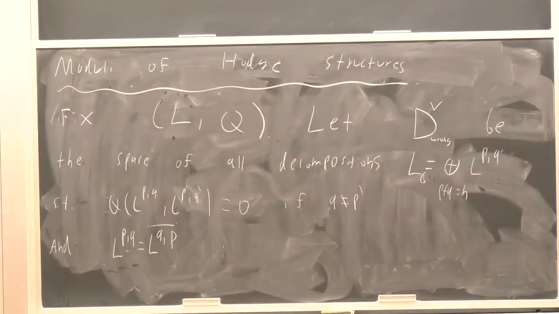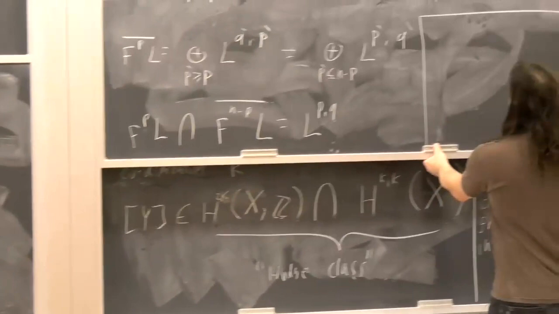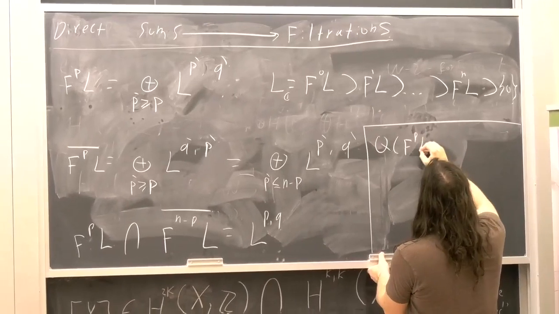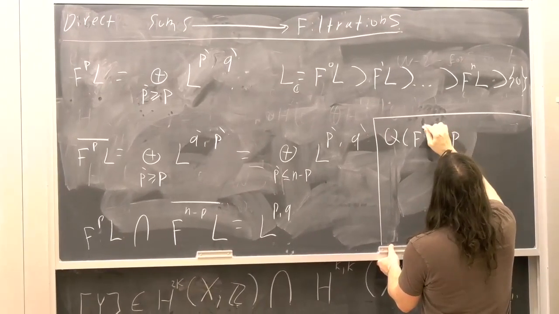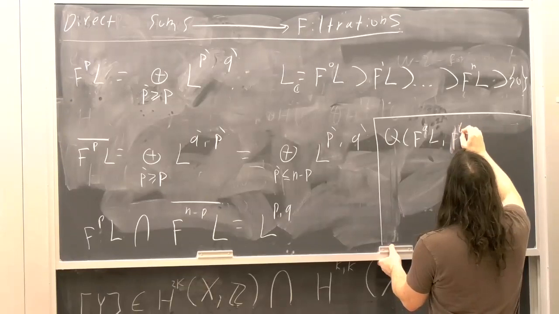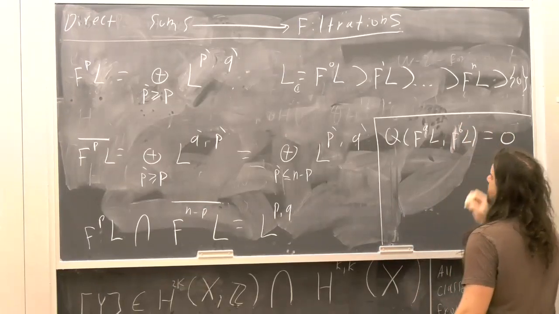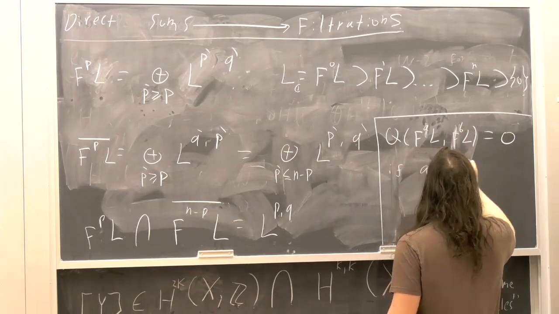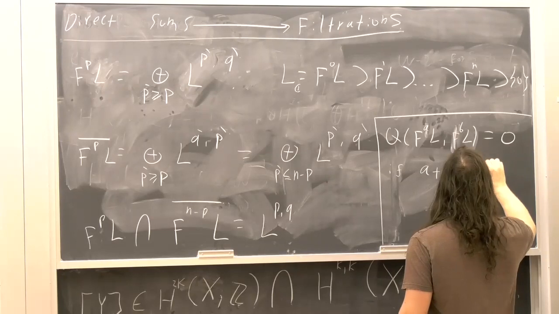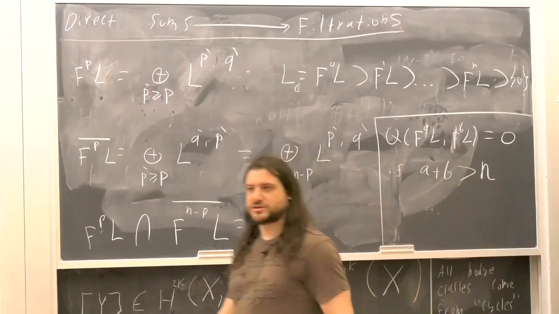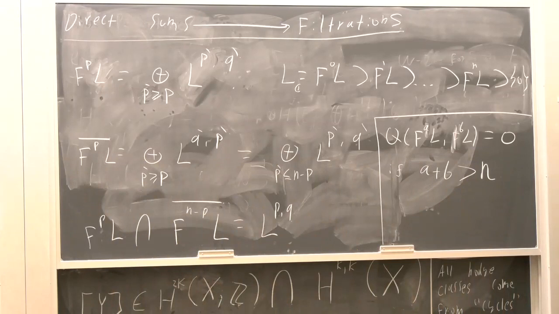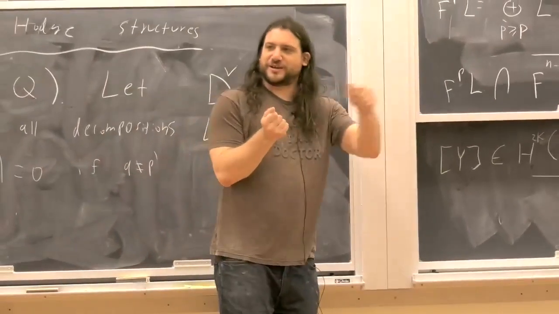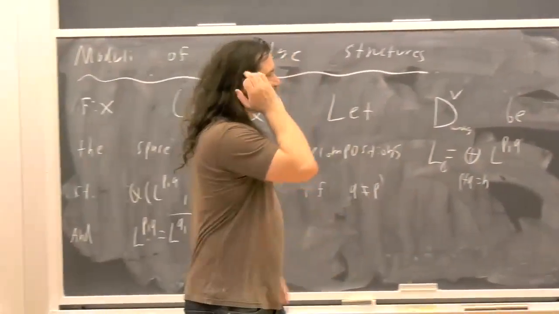Well, we can record this isotropic condition by saying that Q of F^A L, F^B L is supposed to be 0 if A plus B is bigger than n, because we need these two to sum to n, and so we have to go far enough away on the right or on the left in order to make this true.